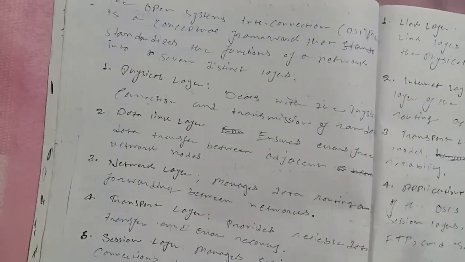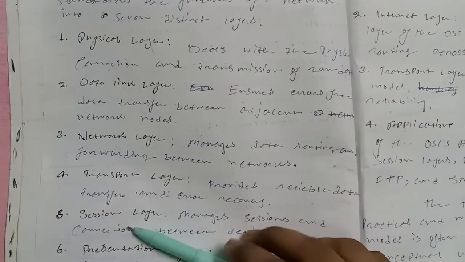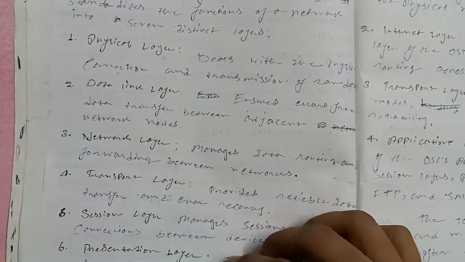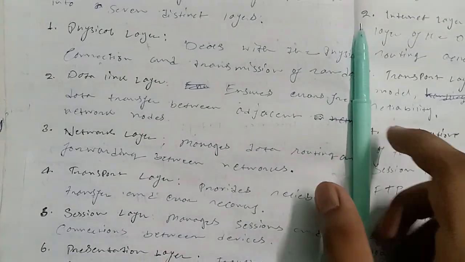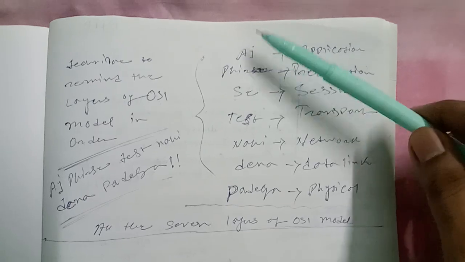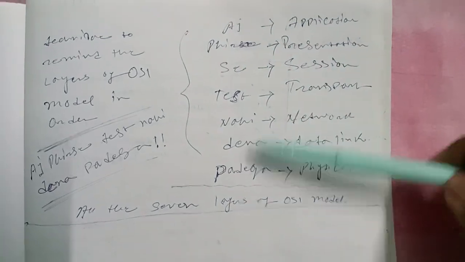Wait, I am telling you an interesting thing. We have an interesting technique to remember all the 7 layers step by step in order. We have a Hindi sentence, आज फिर से टेस्ट नहीं देना पड़ेगा.